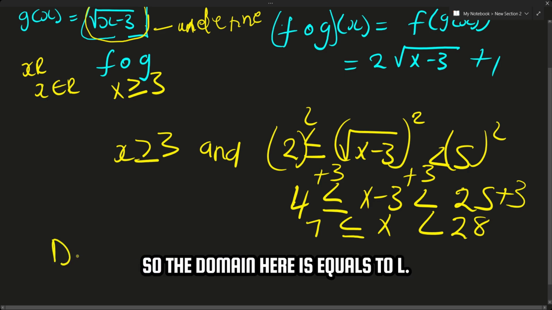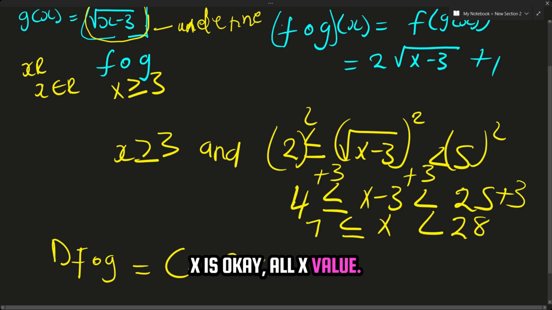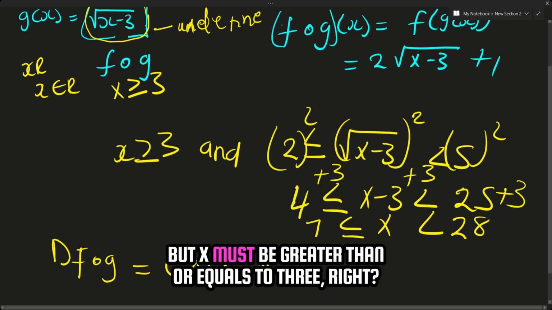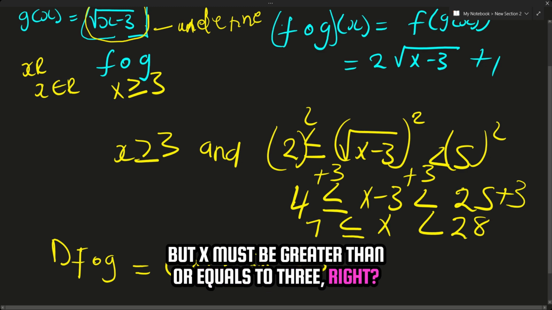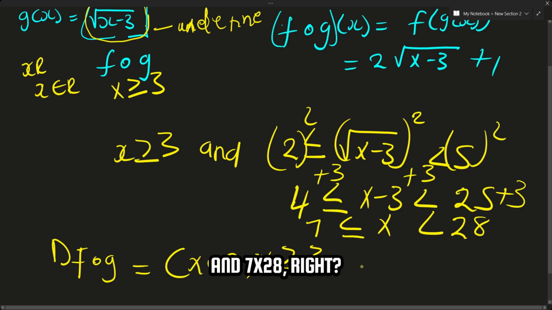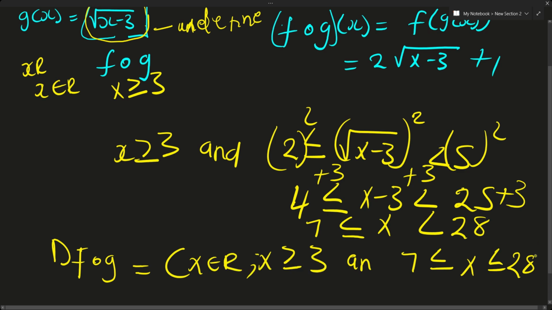So the domain is equal to all x values, but x must be greater than or equal to 3, right? And 7 less than or equal to x less than 28, right?